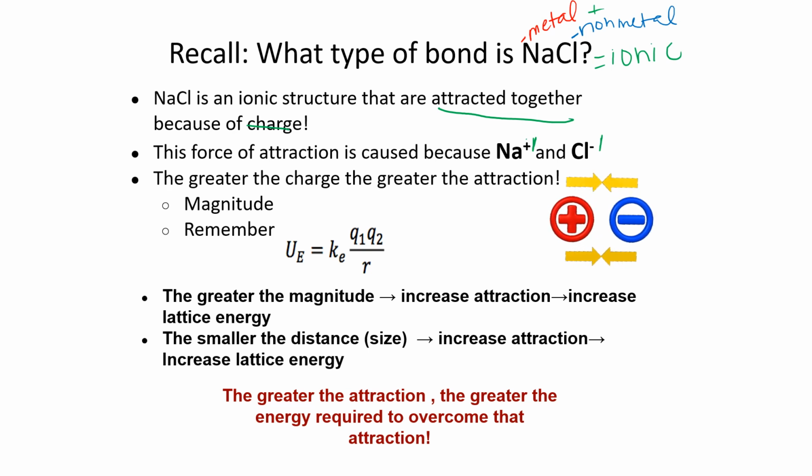Now, let's say we were trying to look at different charges from different atoms. We would have to know that the greater the charge, the greater the attraction. So we have to look at the magnitude. But remember, we're going to use Coulomb's law to determine our potential energy.